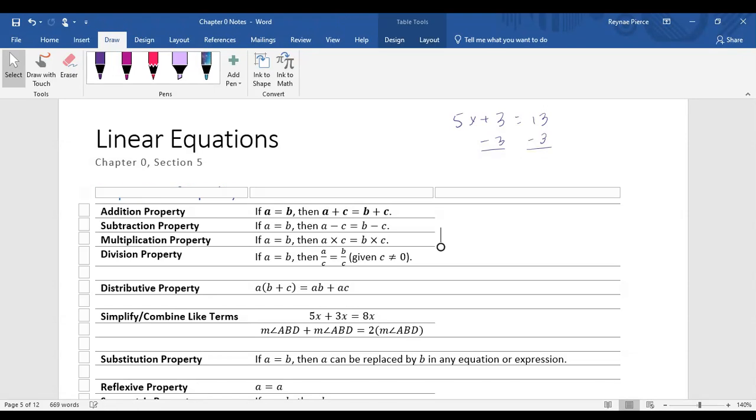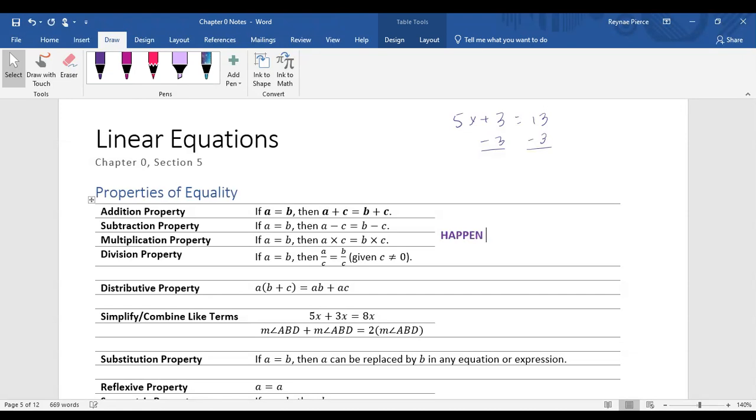So it's really, really important to remember that these properties happen to both sides of an equation to keep that equation balanced. Now we've got the distributive property, and then simplifying and combining like terms.